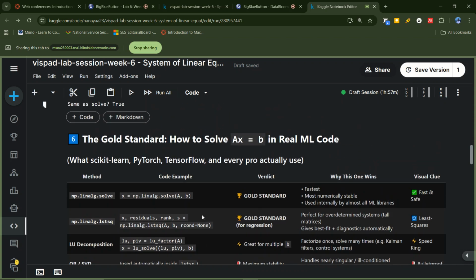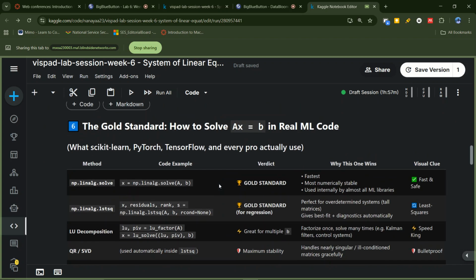So now we are moving on to this particular cell, which says the gold standard: how to solve Ax equal to b in real machine learning code.